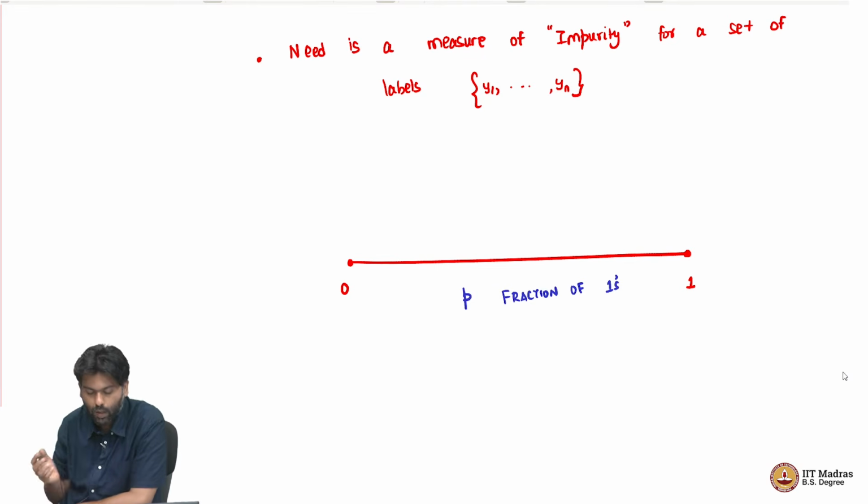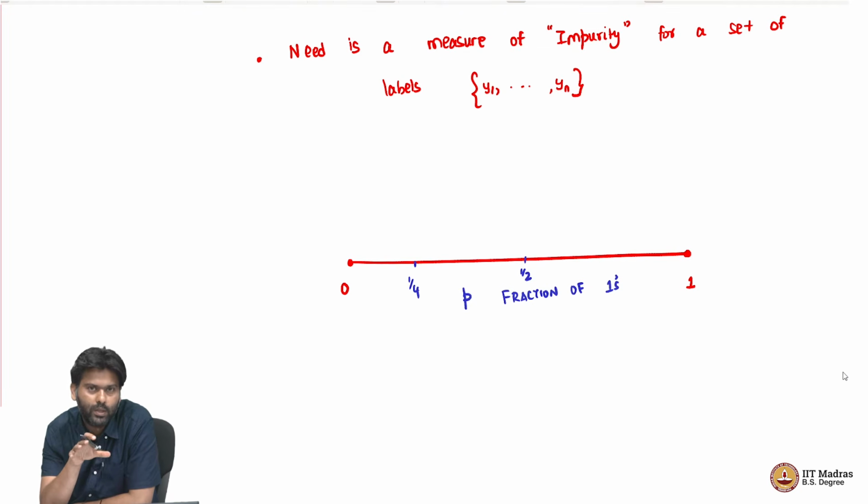Also, if I take, let us say, p as a quarter, we know it should peak at half. If it is at a quarter, that means 25% are 1 and 75% are 0. This situation is as impure as if you flip it, with 75% 1 and 25% 0.